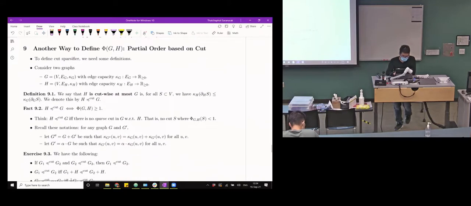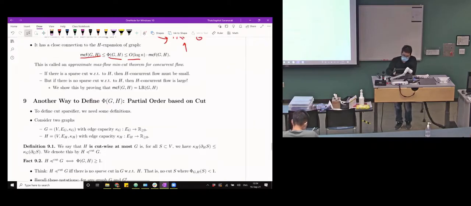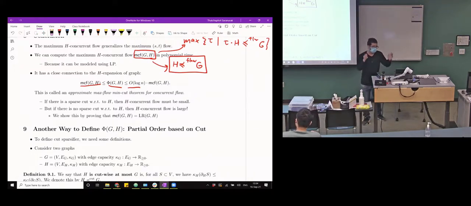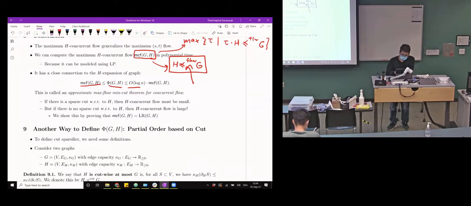And by the way, we talk about this order here, and it is actually a nice way to think about how to compare the well-connectivity between graphs. If G is more connected than H, you can embed H into G. But this is with respect to flow.